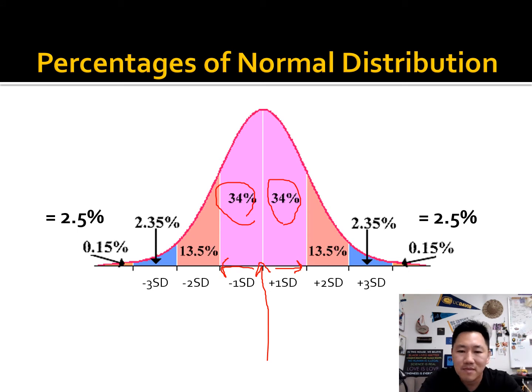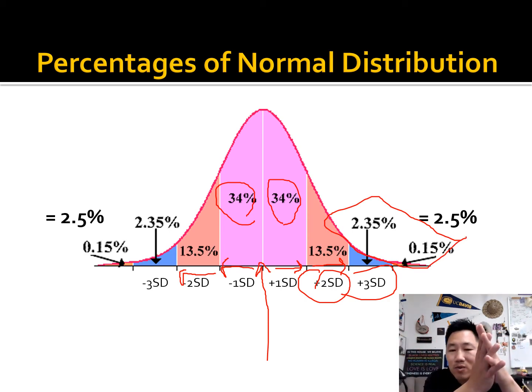below. When you go 2 standard deviations away, plus 2 SD, we are now talking about 13.5% up and 13.5% down. And again, that's always going to be the case. And then if we go 3 standard deviations away, it says it's 2.35, but we're actually going to put those two together.